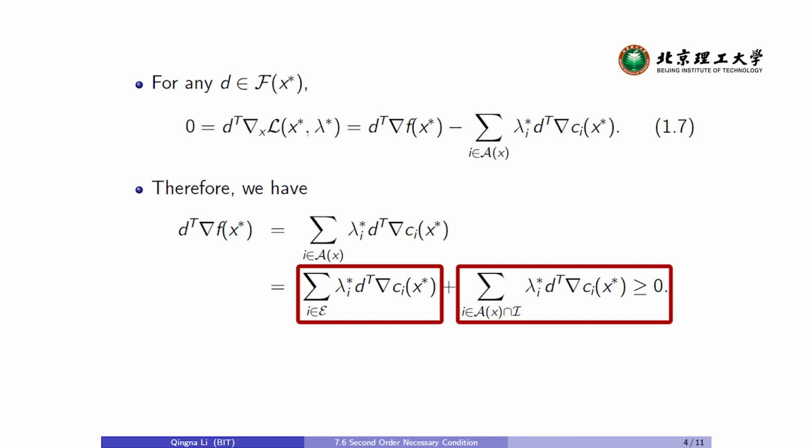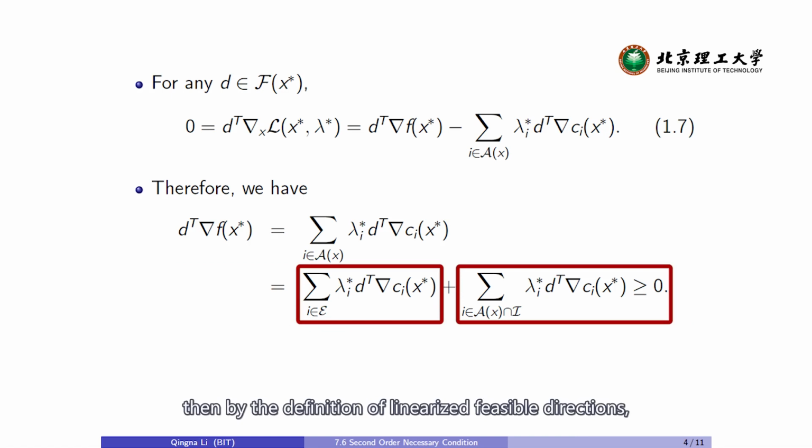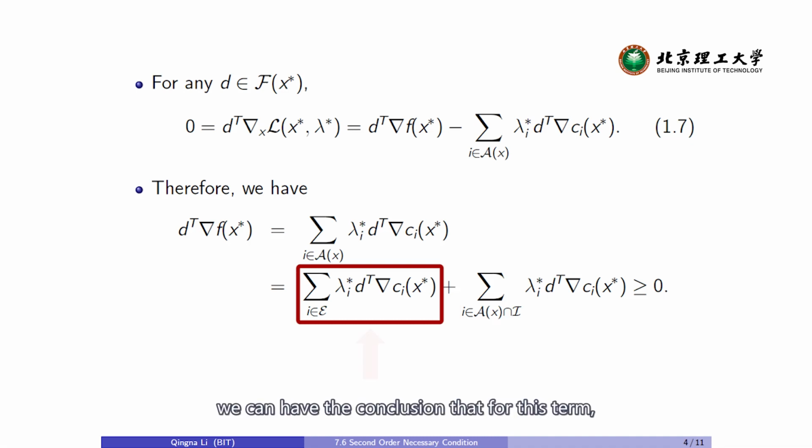By the definition of the linearized feasible direction, this first term is actually 0, because for all linearized directions d, the inner product with the gradient of equality constraints should be 0.